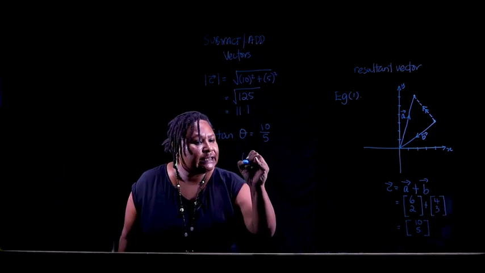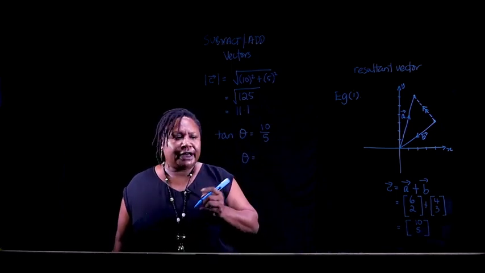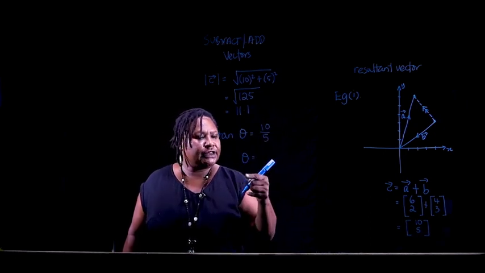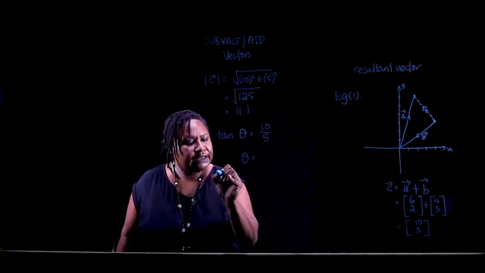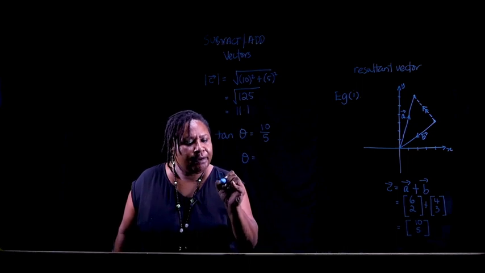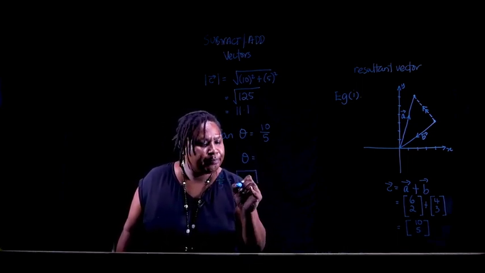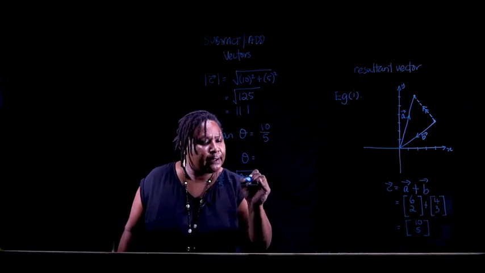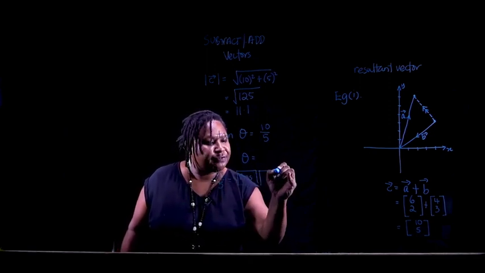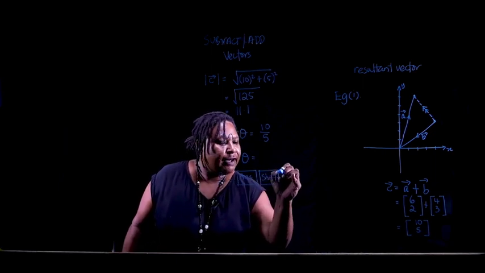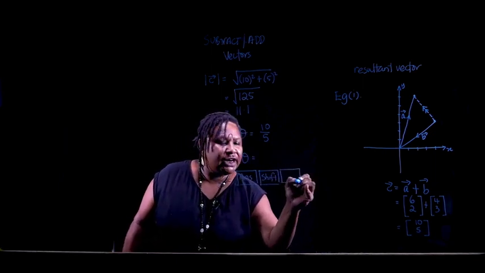Theta is found by dividing 5 by 10, getting your answer, pressing the shift button, and finding your tangent button on the calculator.